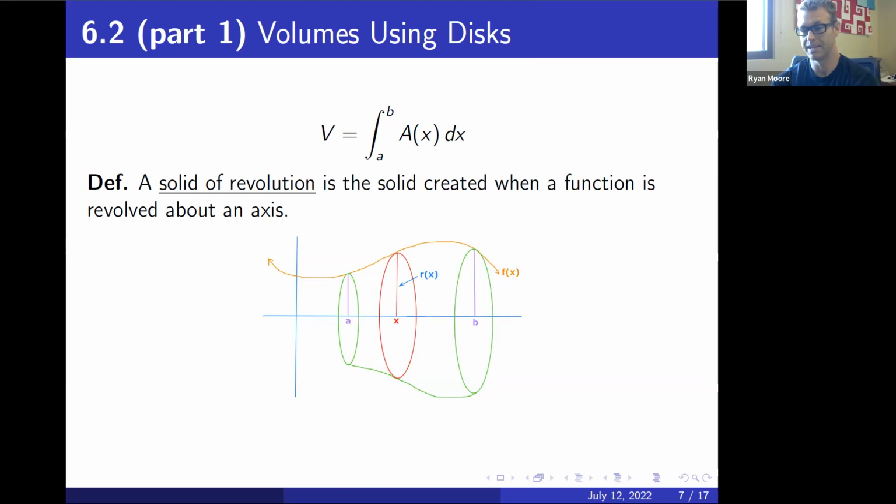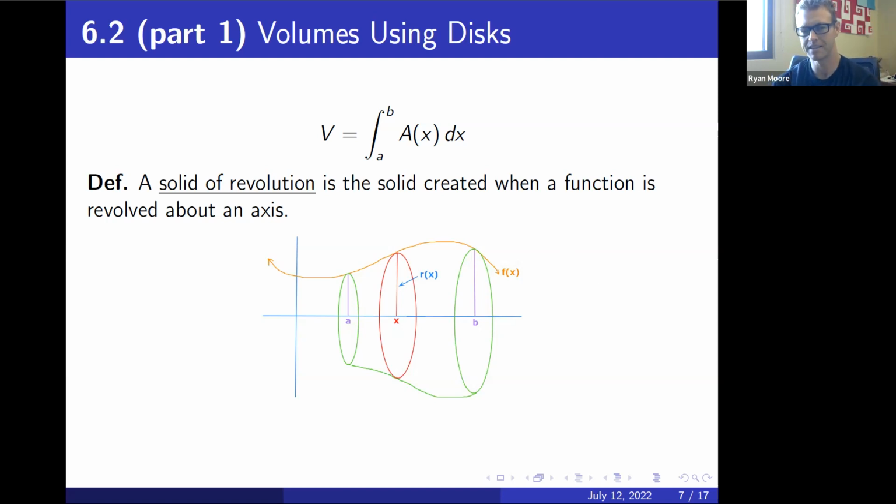The idea is to find the area of that circle. So we can note the radius of the circle. If it's happening at x, we'll call the radius R of x. Notice that the radius will be a function of x because the radius is going to change as we move x values starting at a and ending at b. Those are all going to have a different radius for every point we take.